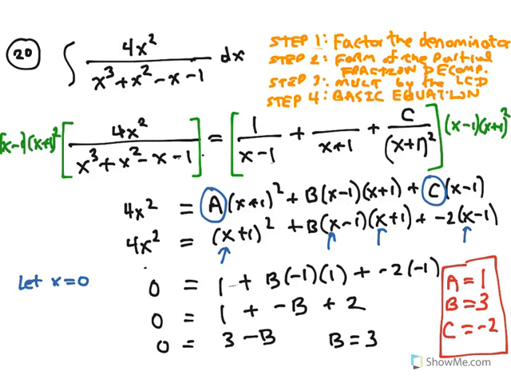B is 3, so we can write 3 over x plus 1. And c is negative 2, so we can write minus 2 over (x plus 1) squared. And that is the form of the partial fraction decomposition that we have.